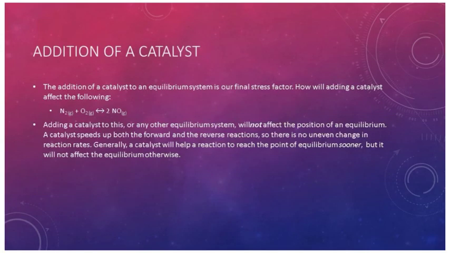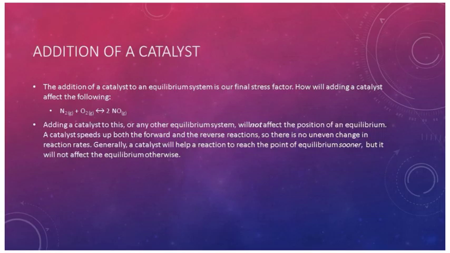So the addition of a catalyst. Remember, a catalyst is just another chemical being added that speeds up a reaction. The addition of a catalyst to an equilibrium system is the final factor that we're going to be looking at. So we're looking at nitrogen and oxygen gas being combined to form nitrogen oxide.